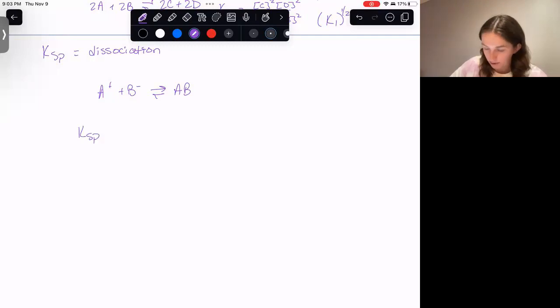He also uses silver chloride, right? So it's saying Ksp for AgCl solid is this at 25 degrees Celsius. And so we're looking to find delta G naught of the reaction.